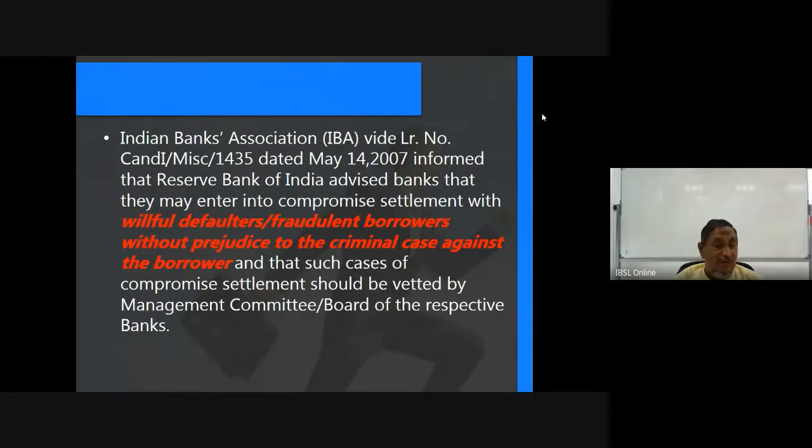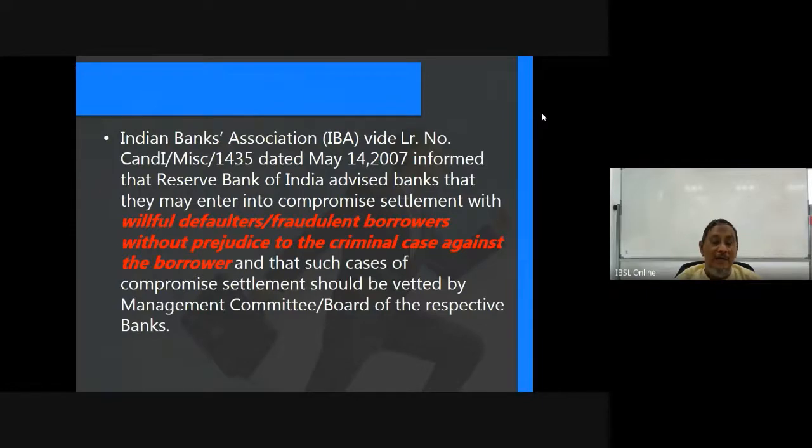In the Indian scenario, these are willful defaulters who are able to pay, but they are not paying, and also fraudulent borrowers, borrowers who showed fraudulent documents and borrowed.